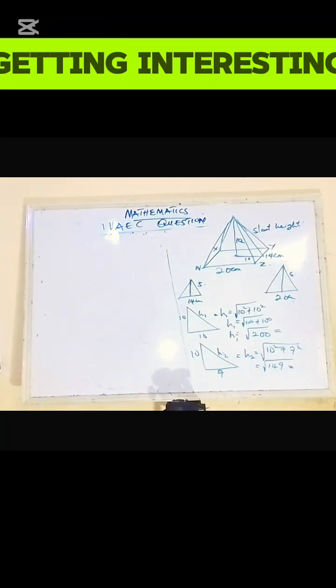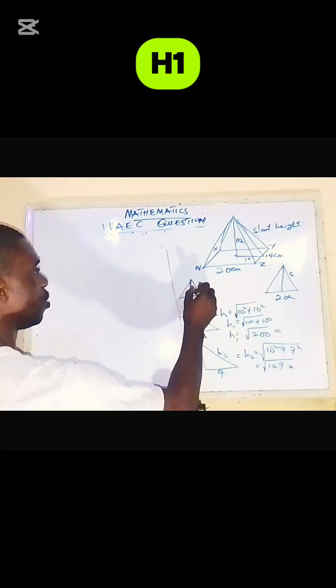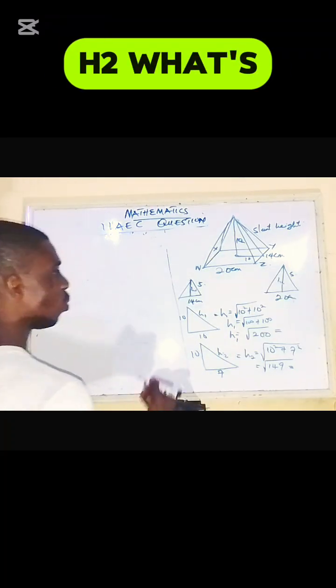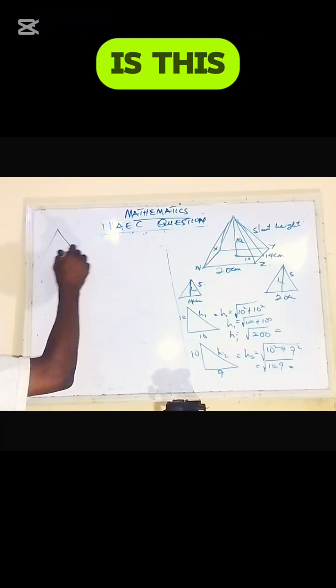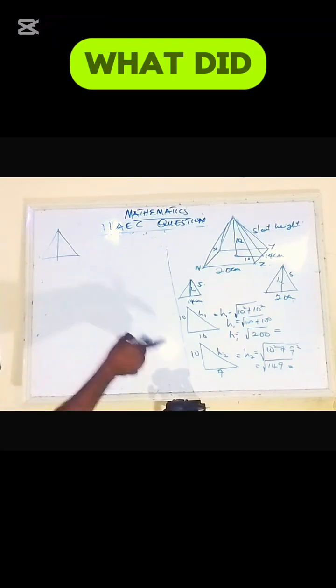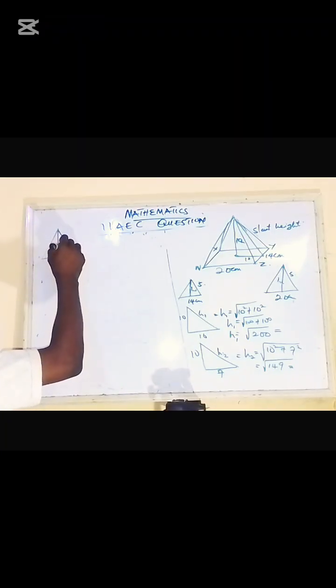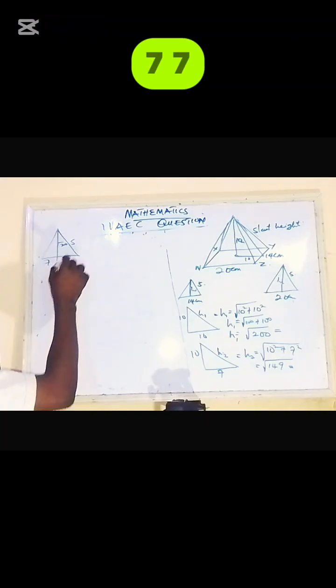So it's getting interesting. I've gotten this H1, and then I've gotten this H2. Coming back to that triangle, what I have now is this. The H1 here, we got square root of 200, and here is split into 7, 7.